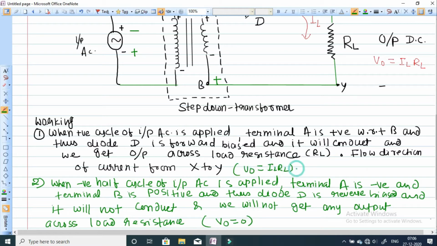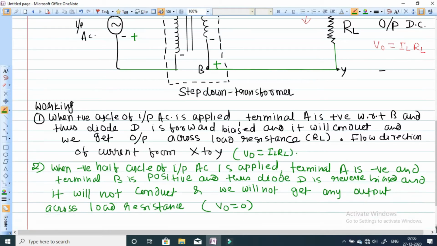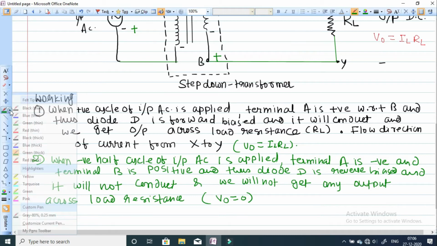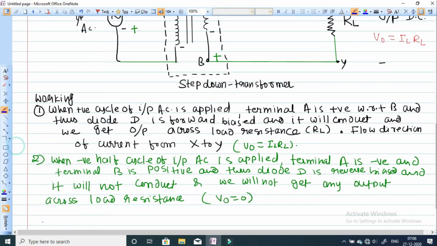So this is the working during the positive cycle and the negative cycle. These two cycles will continue, positive cycle, negative cycle, one by one.